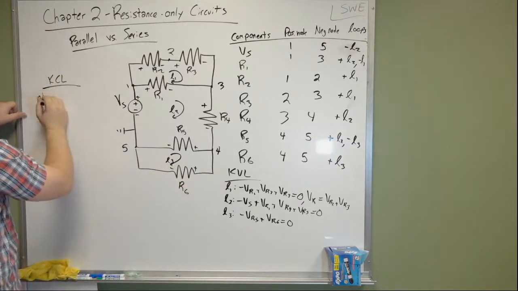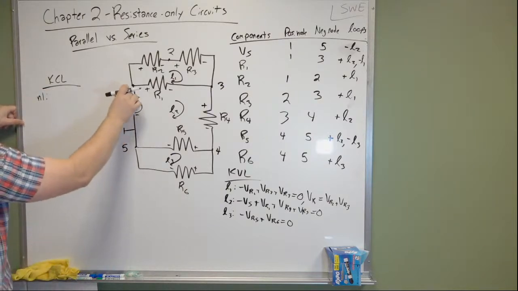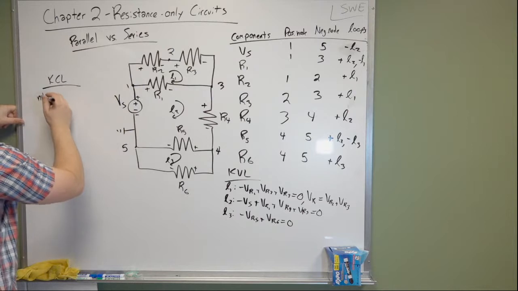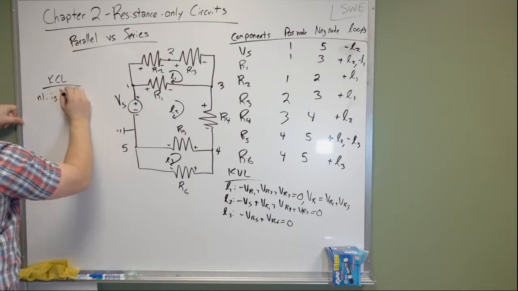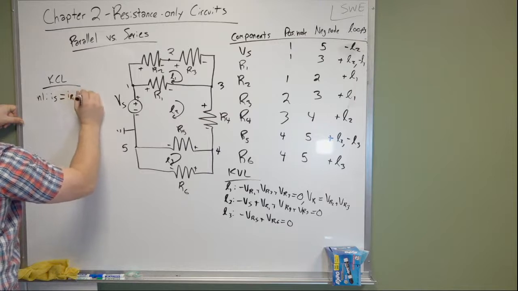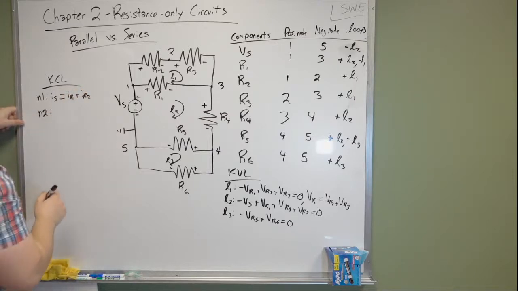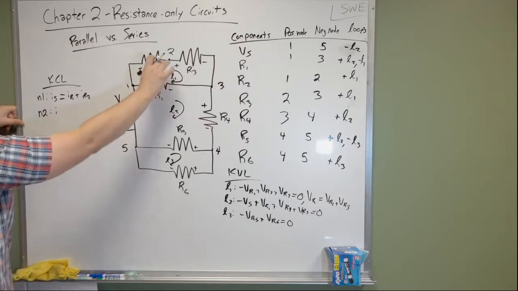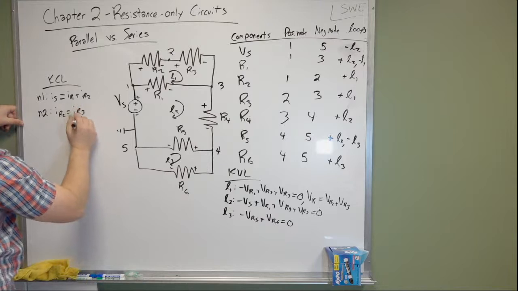KCL, node 1, what we have is at node 1, there's 1 input, 2 outputs, so you have IS is equal to IR1 plus IR2. At node 2, what you have is IR2, which is the incoming one, is equal to IR3.